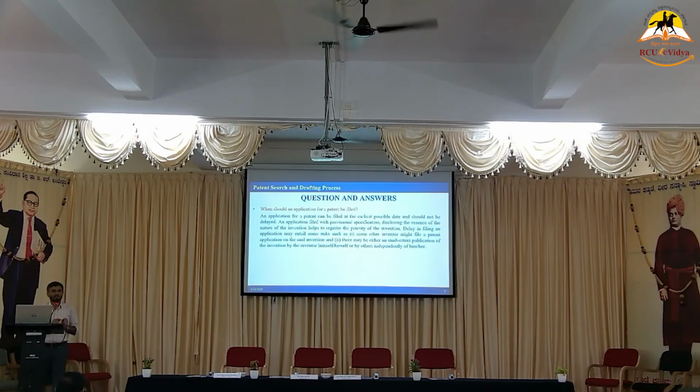One more thing: never put in any dimensions, any values, or any material specification. That is not at all required. Because if you write, for example, 50 mm, for some product you have developed, and give all the dimensions, others can prepare the same model, do it with 31 mm, and give much better results.